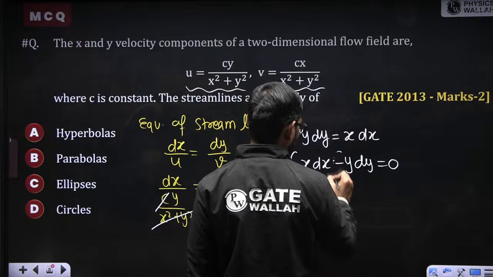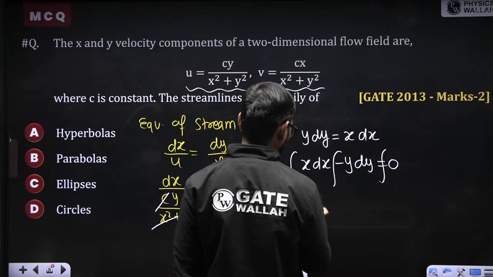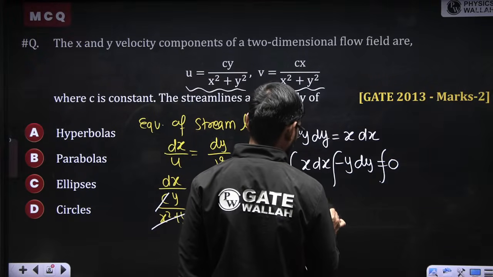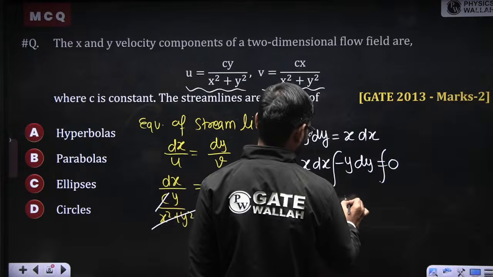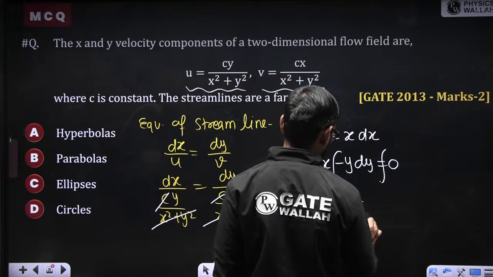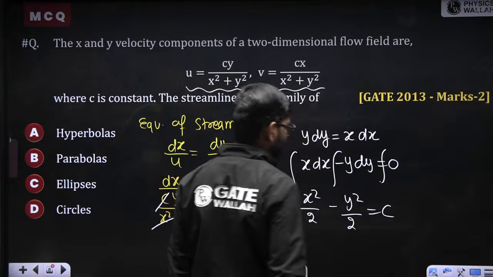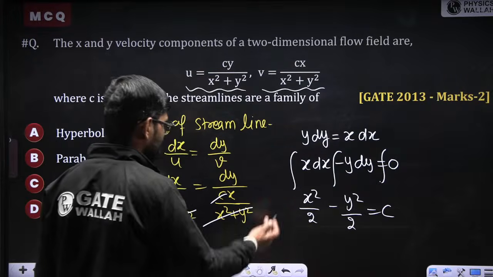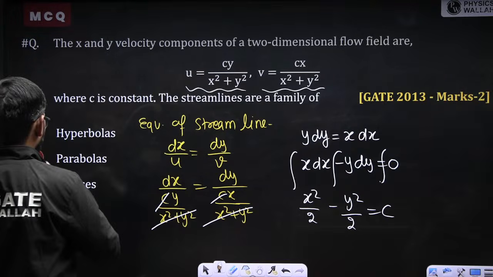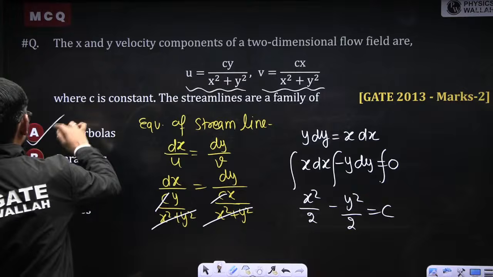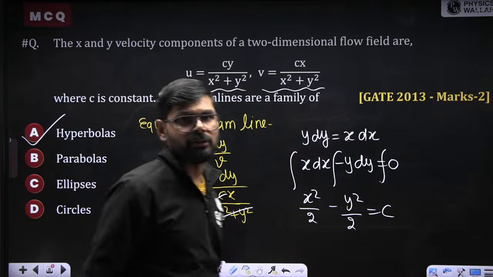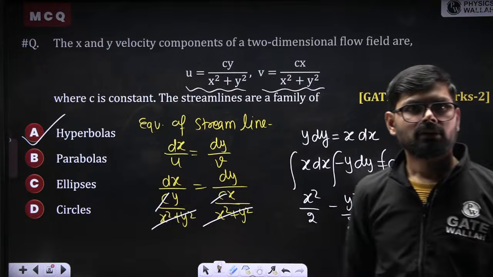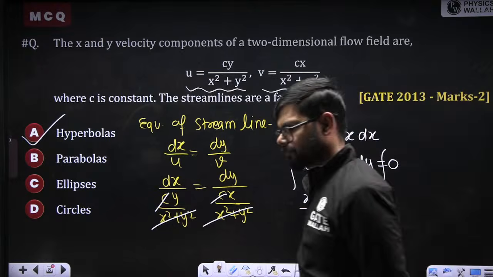If you integrate this, you will get x square by 2 minus y square by 2 equal to a constant. So this is basically a hyperbola equation, the equation of a hyperbola.